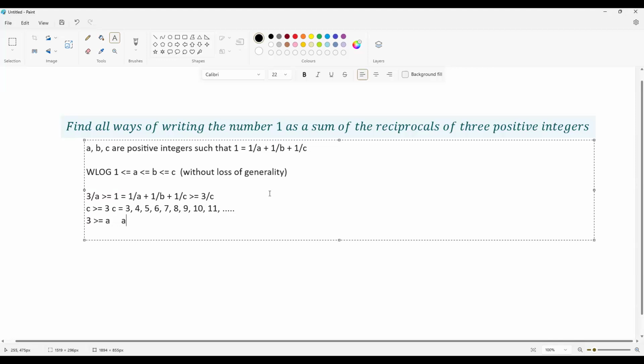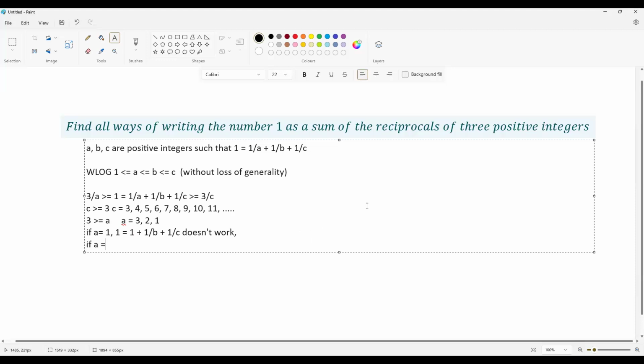Because that means A can only be equal to 3, 2, or 1, because it is a positive integer. If A is equal to 1, then 1 is equal to 1 plus 1 over B plus 1 over C, which doesn't work, because this can't be 0, because they're positive.